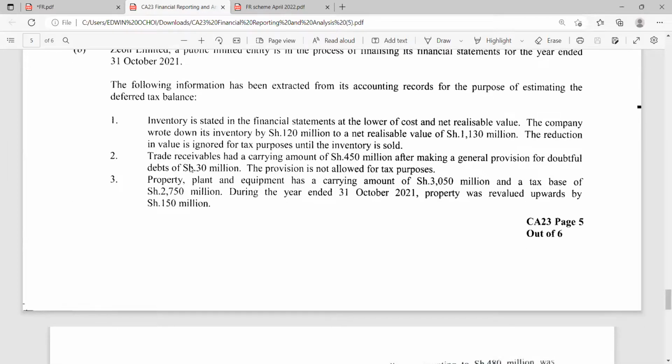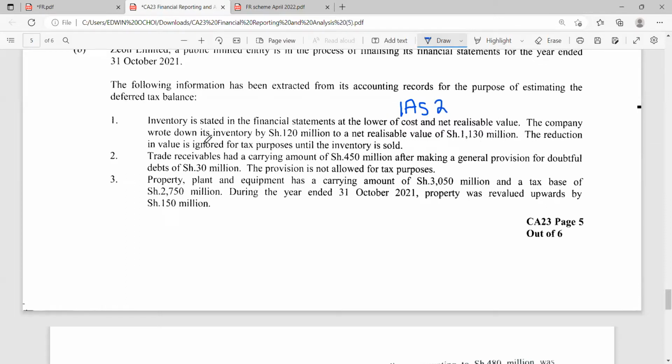Inventory is stated in the financial statements at the lower of cost and the net realizable value. Which standard is that for accounting? This is IAS 2. Obviously, inventory is stated at the lower of cost and the net realizable value. That is IAS 2.